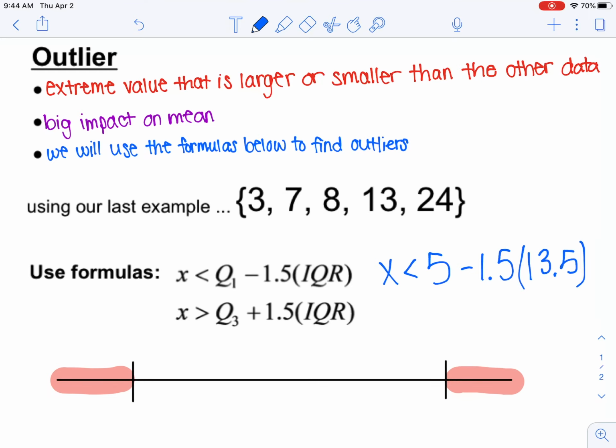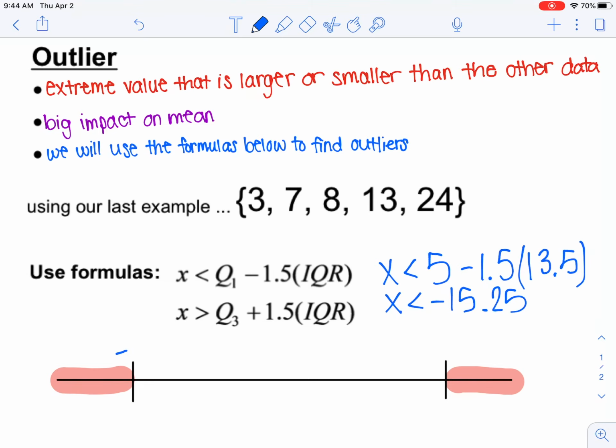So go ahead and simplify the part to the right in your calculator. And you should get x is less than negative 15.25.